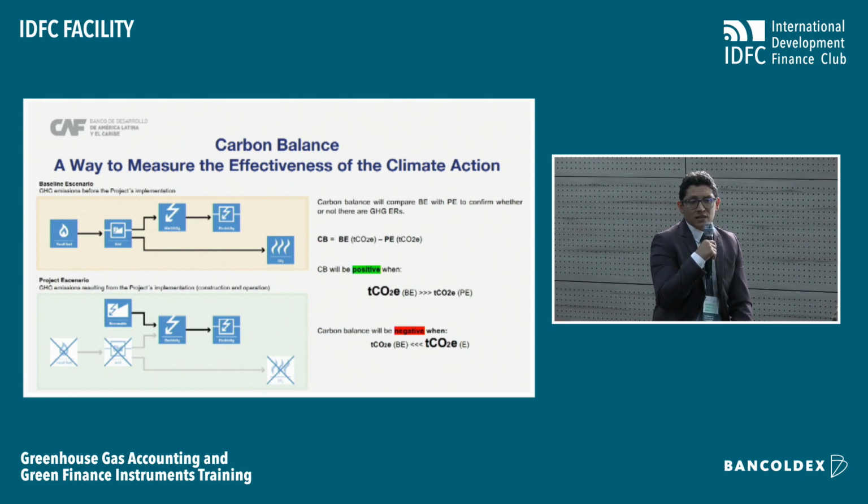We say that the carbon balance of that credit operation is positive if the project emissions are lower than the baseline emissions, meaning we have emission reductions because of the implementation of the project. The carbon balance is negative when the project emissions are higher than the baseline emissions. This also happens, for example, in roads, because of the characteristics of Latin America and the Caribbean.